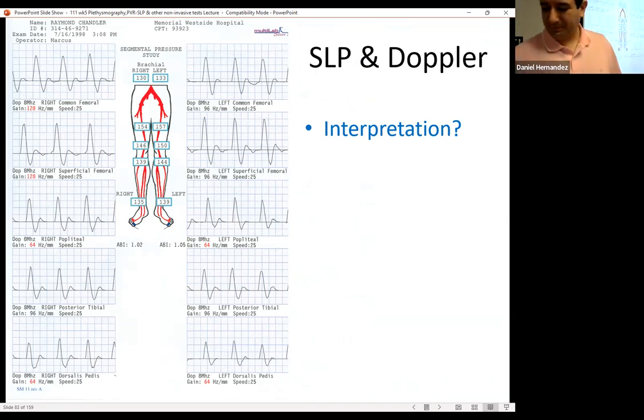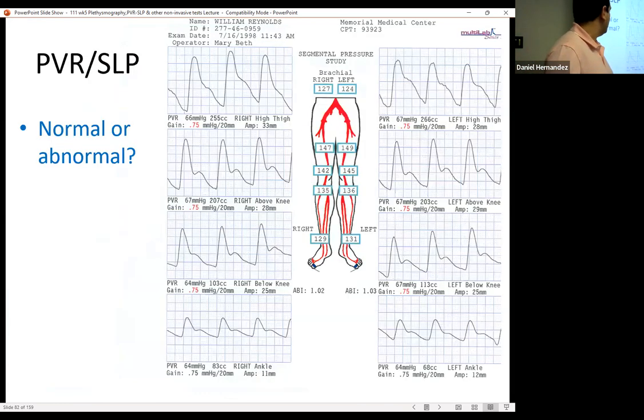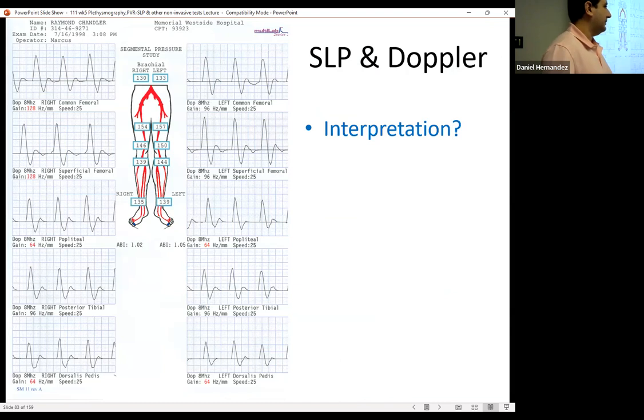We don't round with this test. You'll report it out to two decimal places, like 0.12. Critical ischemia or ischemic changes.